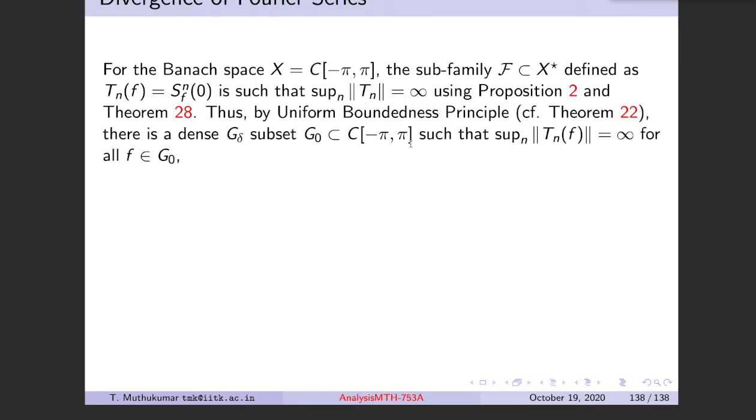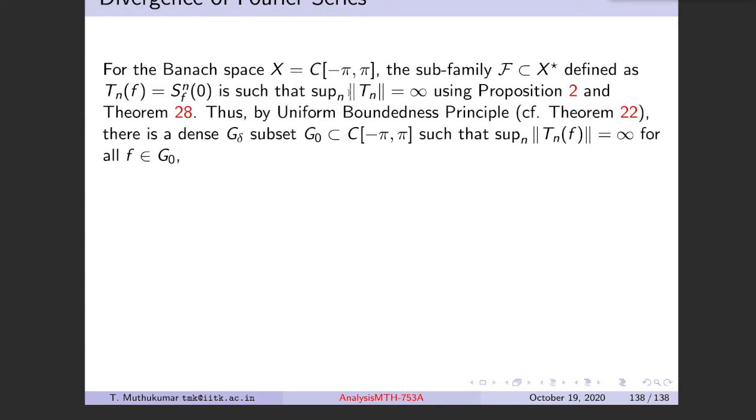So with the uniform boundedness principle that we have already shown, there is a dense G delta set, let's call it G0, in X, such that the supremum over n of norm Tn f is also equal to infinity. Suppose this was not the case, then it would contradict the uniform boundedness principle.